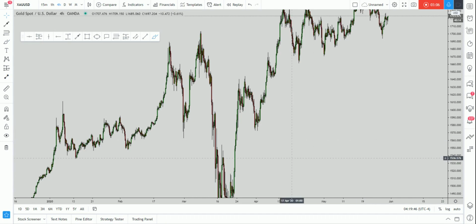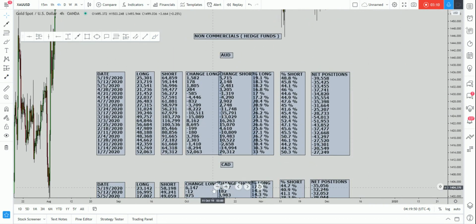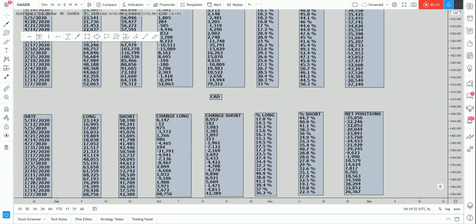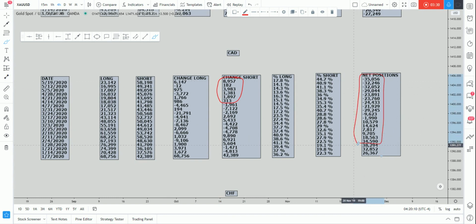hedge funds are doing at the moment in the market. Let's go and see what we have from a CAD point of view. Now on the CAD, what we can clearly see is that at the moment hedge funds have continued to add a lot of short positions, with the last report another 8.9k shorts. And as you can see, this is clearly reflected in the net positions that went from 35k to minus 35k.